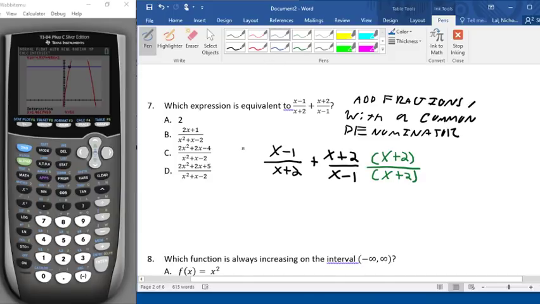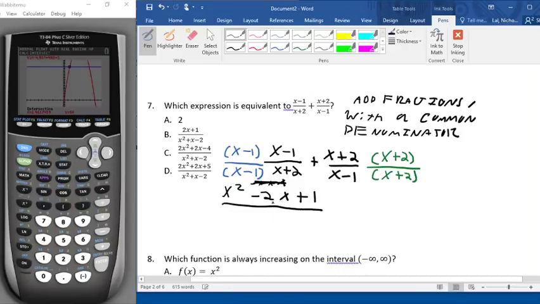Multiply this function by x minus 1 over x minus 1, and you're going to distribute throughout. So you will get x times x is x squared, x times negative 1 is negative x, plus 2 times x is 2x. So x squared plus x, negative 1 times 2 is negative 2, over x minus 1 times x plus 2.